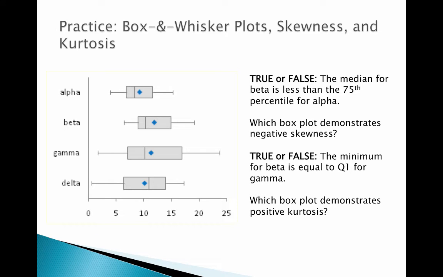So we see we have gamma. Gamma is going to be indicative of negative kurtosis. All right, so hopefully you got those right. If not, you have chapter 4 and homework 2 to help you and reinforce these concepts.